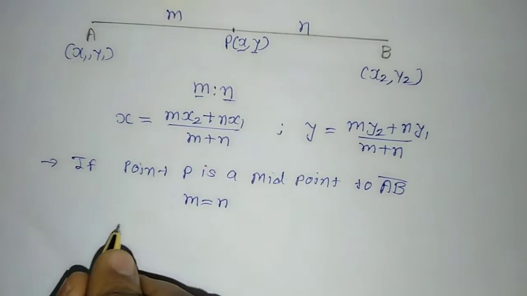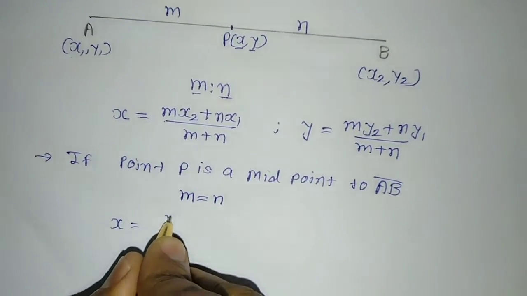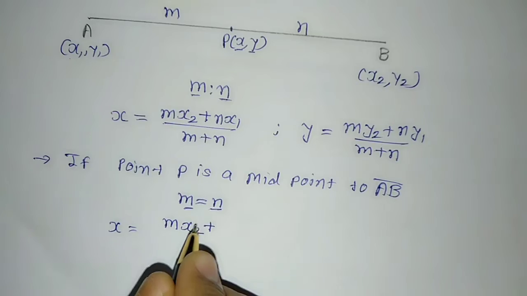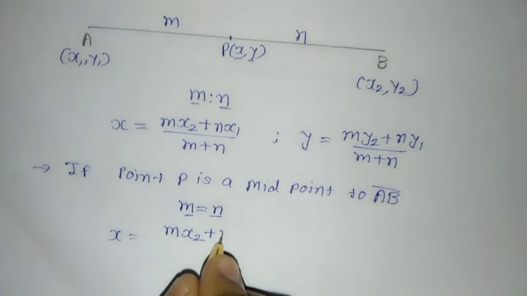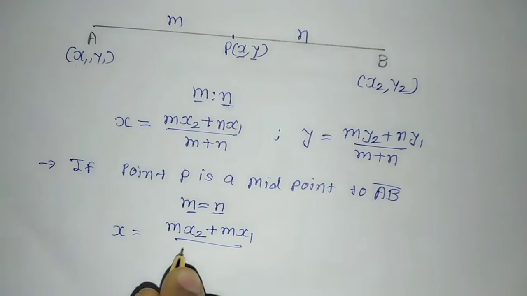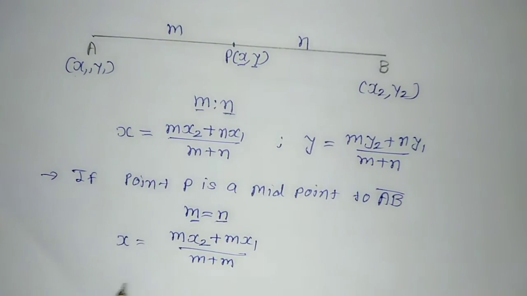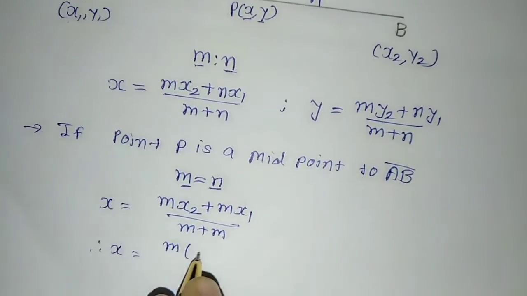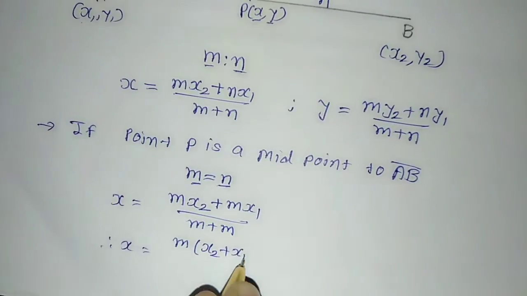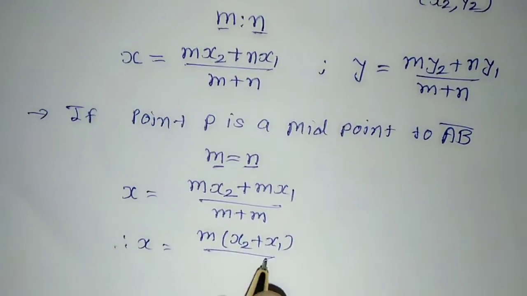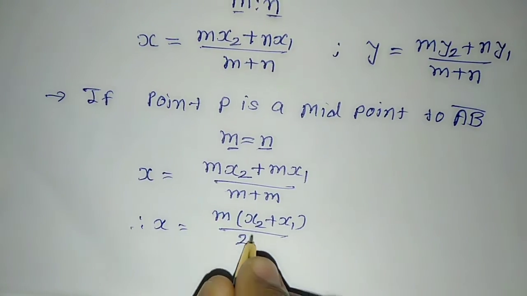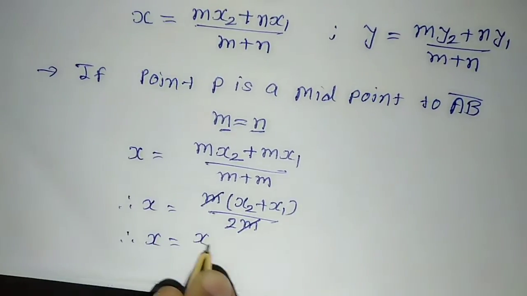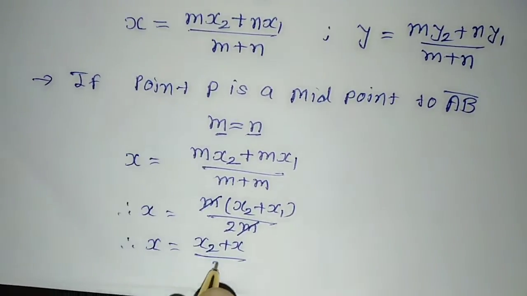If I keep the values over here, the x coordinate is m x2 plus, instead of n I'll keep m, as m is equal to n, m x1 upon m plus m. So x is equal to, in this both have m common, m into (x2 + x1) upon m plus m, which is 2m. The m would be cancelled, then the formula will be x = (x2 + x1) upon 2.